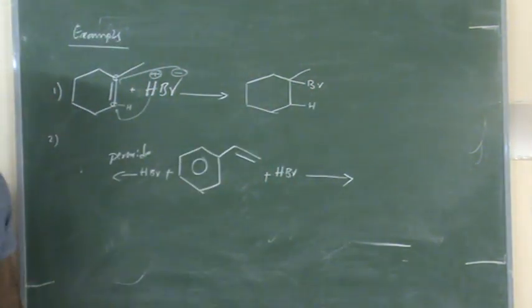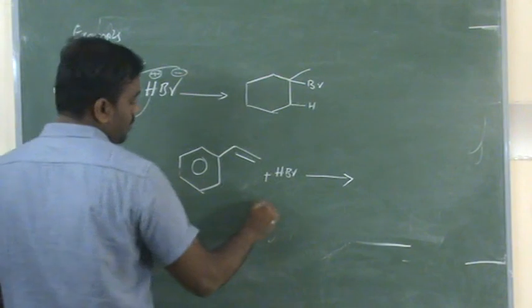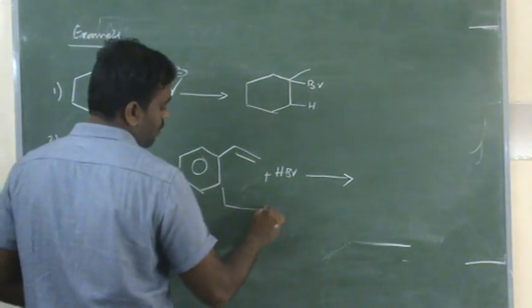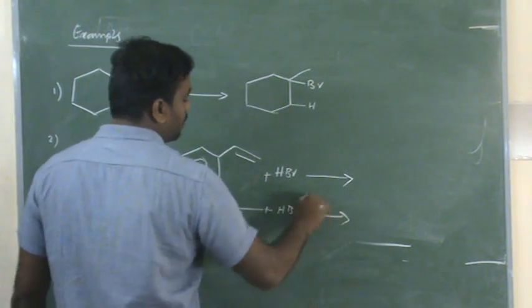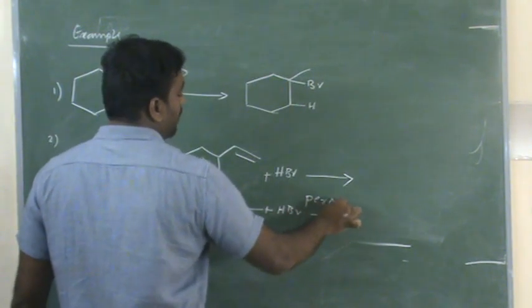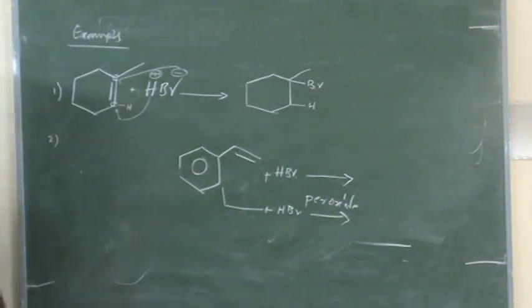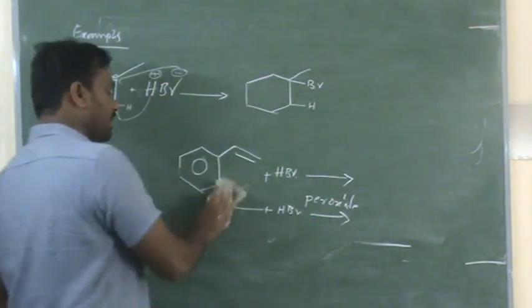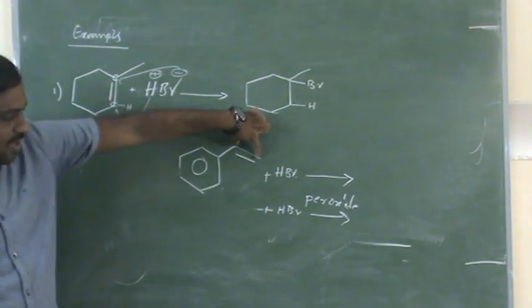When you come to this one, I will write here. But in the presence of which catalyst is it? Peroxide catalyst. In this case, this is an unsymmetrical alkene.